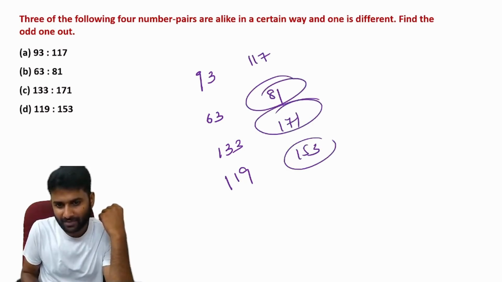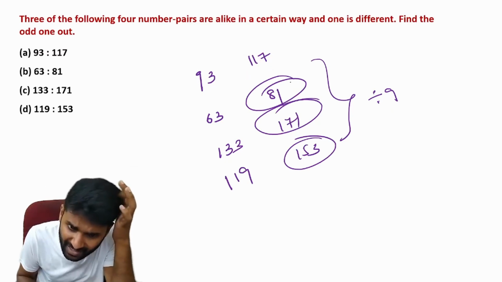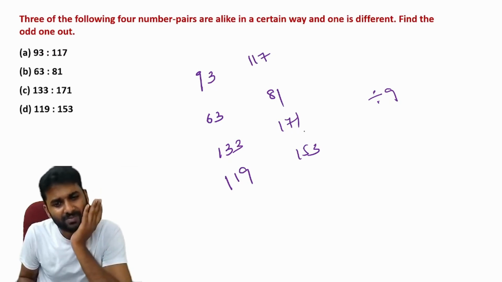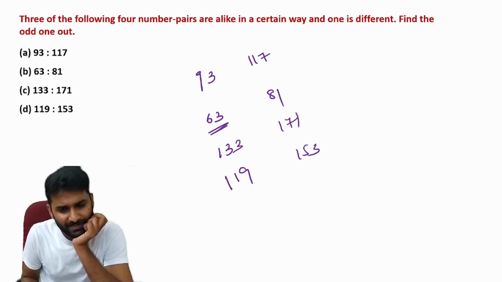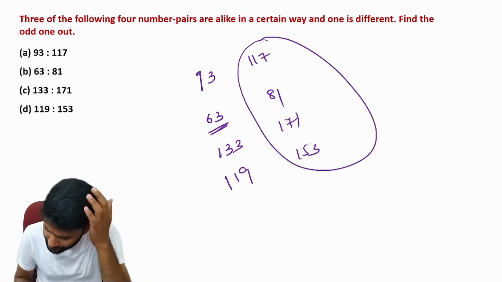81, 171 and 153 are all divisible by 9, and 117 is also divisible by 9, right? Give me a second. So these side numbers are all divisible by 9.